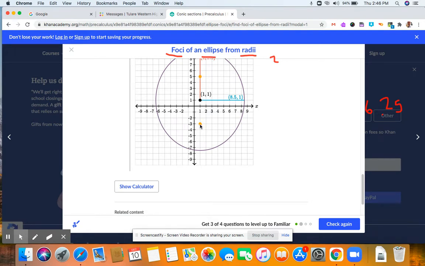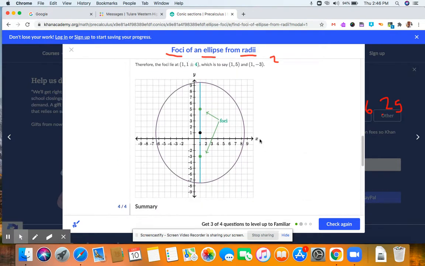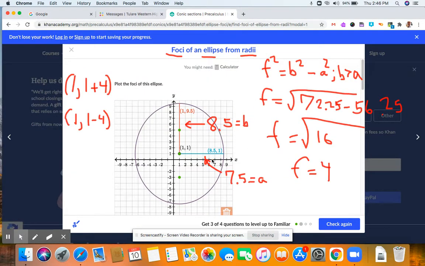1, 3, 1, 5. Sorry, 1, negative 3. That's what I got. X is 1, y is negative 3.